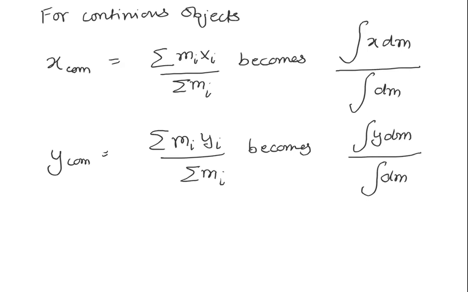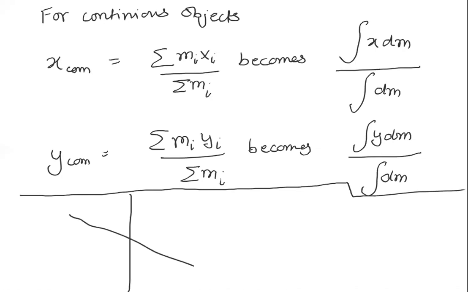So what do I mean by this? What is the meaning of integral x dm? You should be absolutely clear on this. So if I have a three-dimensional object like so, now you have to visualize this, okay? Because I cannot draw it. This is a two-dimensional plane, so I cannot effectively draw three dimensions.